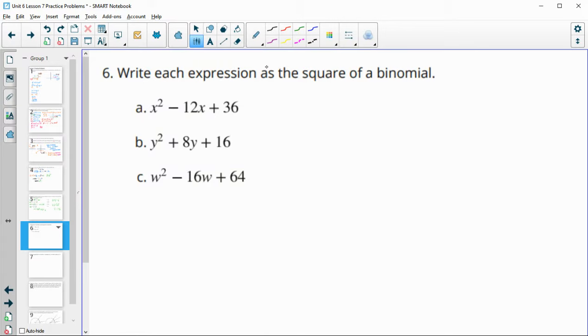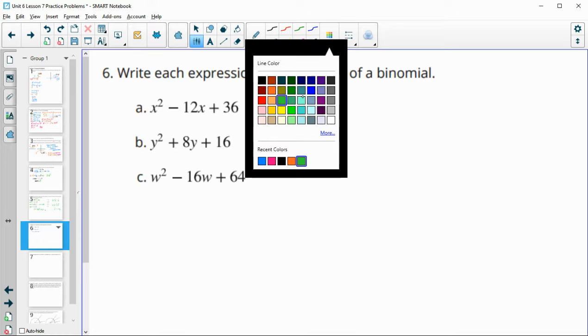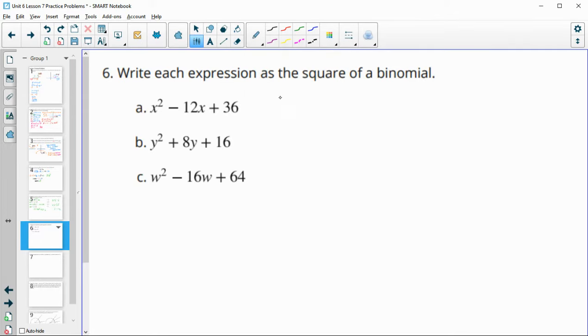All right, write each expression as a binomial squared. So this is just factoring it down. Make sure that the middle number divided by 2, which is -6, squared is actually 36. Okay, and it is. So this would be the factored version.